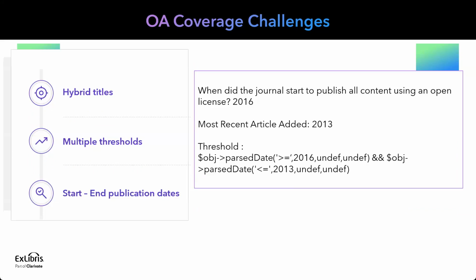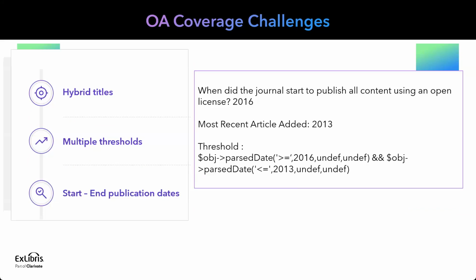Another coverage challenge is displaying start and end statements. For DOAJ specifically, the Directory of Open Access Journals, the start date is not when the journal's earliest volume is available on the platform, but rather when the title became open access. The platform can host content before that date, which will be available for subscribers. And the end date is when the most recent article was added as open access.